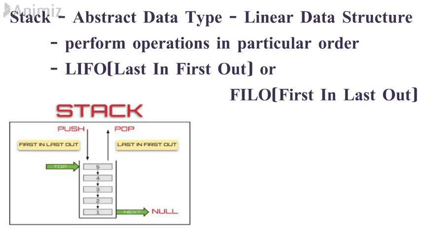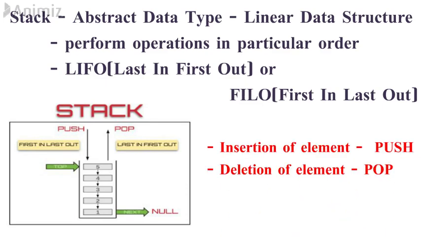Now, in order to perform these operations, you come across two types of operations. The first one is push and the second one is pop. Push is used to insert an element into the stack. Pop is used to delete an element from the stack.